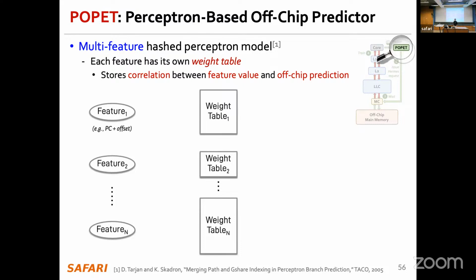If the value is -32, that means you have a negative correlation. If the weight value is +32, it's a positive correlation. If the weight value is 0, that feature is not correlated with the outcome at all.